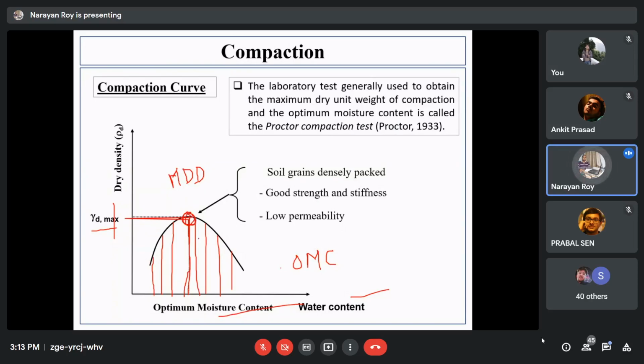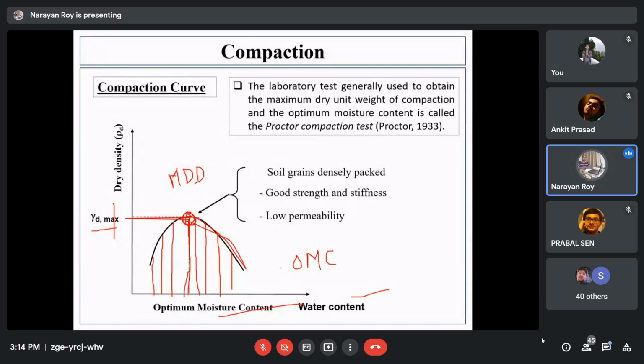Now if you add more water beyond this point, that added water will dilute your soil-water system, so the resulting suspension will have a lower gamma d max. That's why, beyond this point, gamma d is falling down after reaching a maximum value.